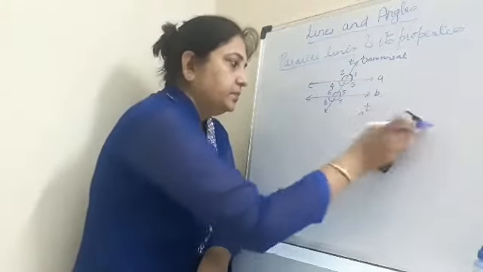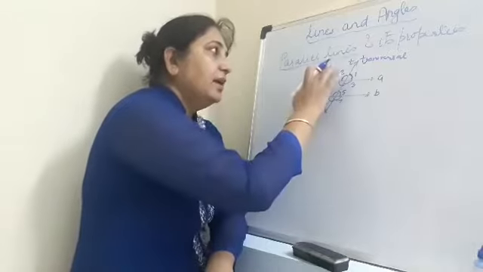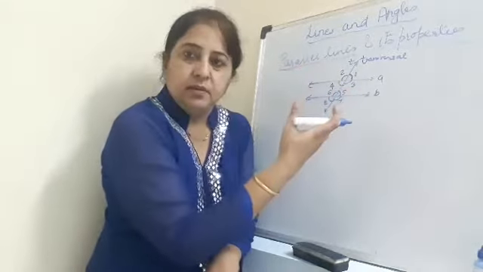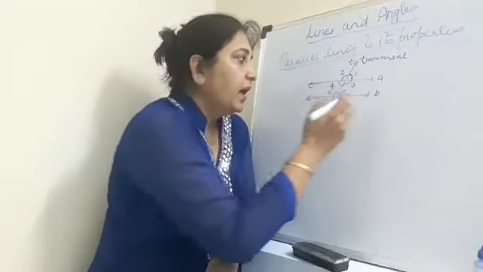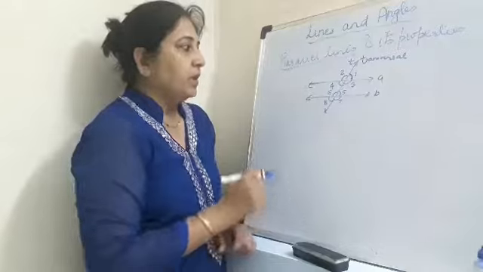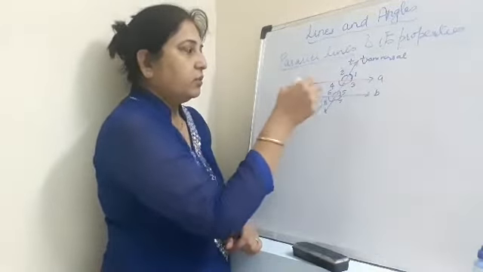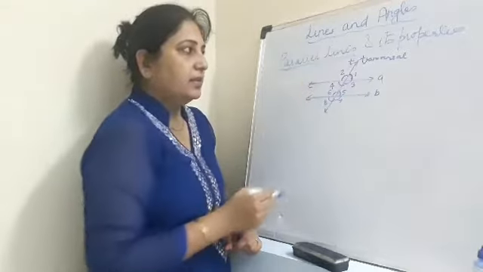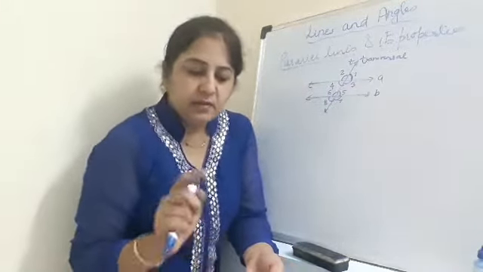Now you also know that there are different kinds of angles. I am rubbing this because today we are going to concentrate only on parallel lines and their properties. Properties means the properties of the angles formed by the parallel lines, and we are going to learn those properties just now. Now you know that the angles formed when a transversal cuts two lines are corresponding angles, because you have done this in the previous classes.